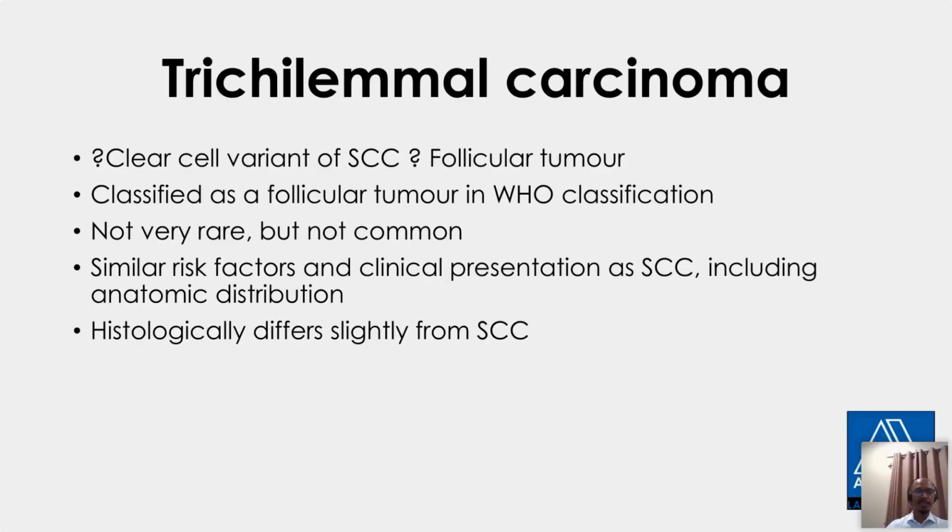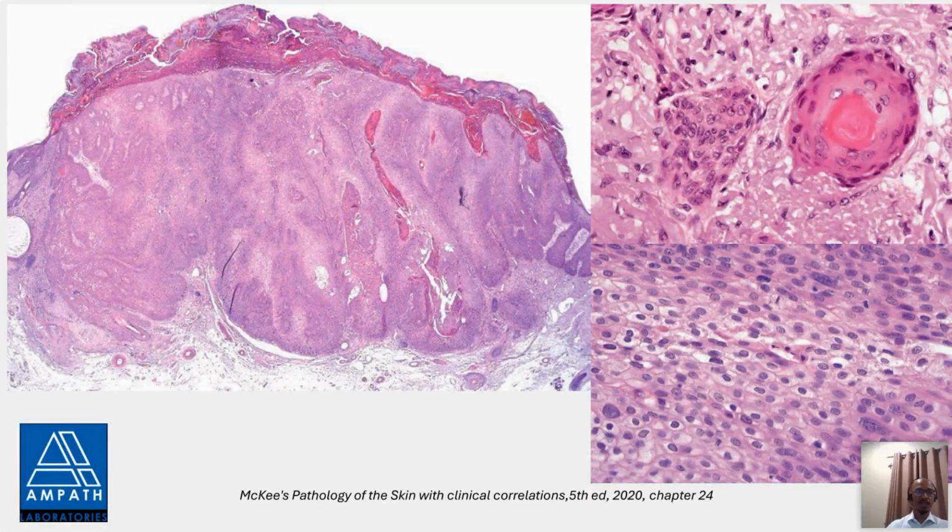The risk factors are very similar to SCC, and they also present in a similar fashion, with a similar anatomic distribution as well. But histologically, there are some slight differences, as you will see. So you've got deeply endophytic lobules. Unlike your usual regular SCCs, trichilemmal carcinomas tend to be quite circumscribed at their borders, almost similar to how you see circumscription in some early or late lesions of keratoacanthoma.